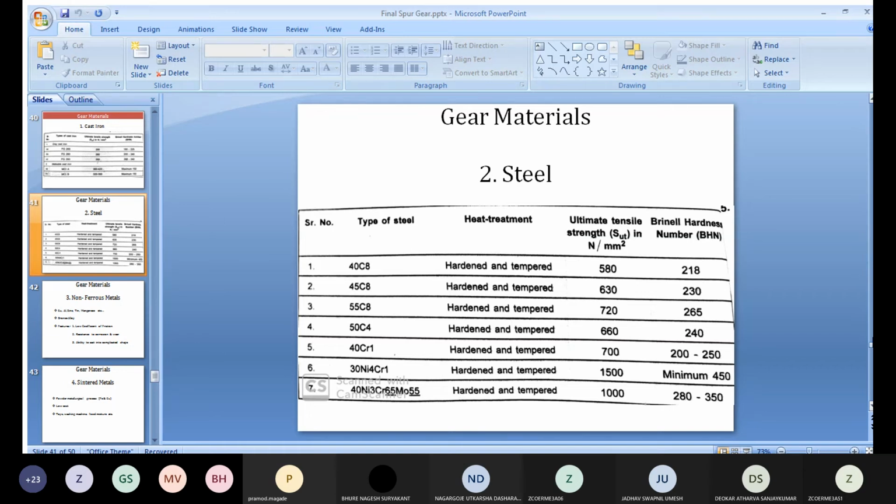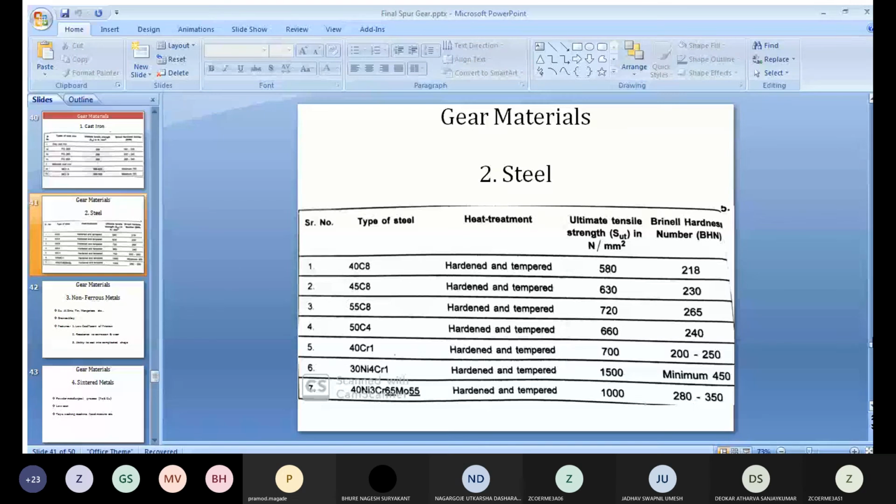Second, due to ductile nature, toughness and stiffness properties are very good. And third, higher load carrying capacity.